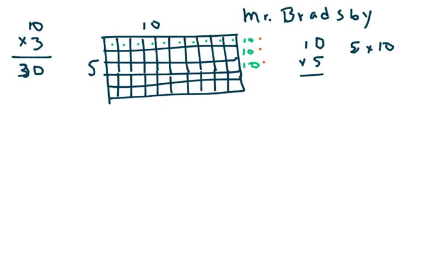Well, we had 3 by 10 and got to 30, and so we have another 10 and another 10 because we got 5 tens. So again, this model shows us 5 times 10, or 5 by 10, and that would be 10, 20, 30, 40, 50. 5 tens is 50.